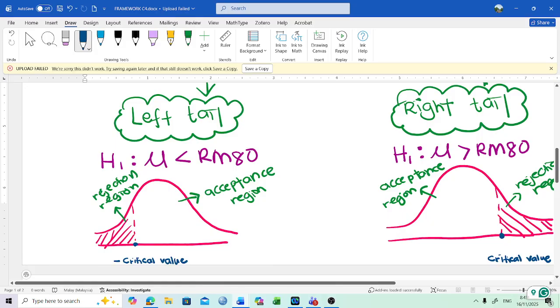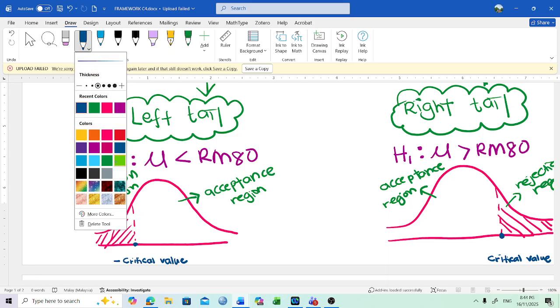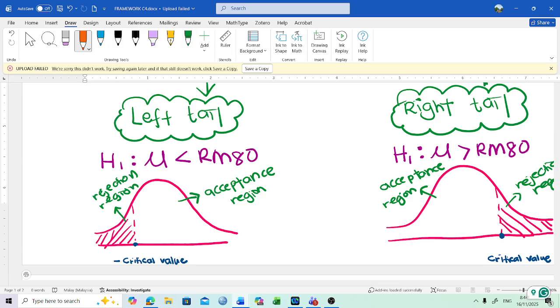The critical value is obtained from a statistical table, either the Z table or T table, depending on whether the population variance is known or unknown. For example, for this case, let's say your alpha is 0.05.